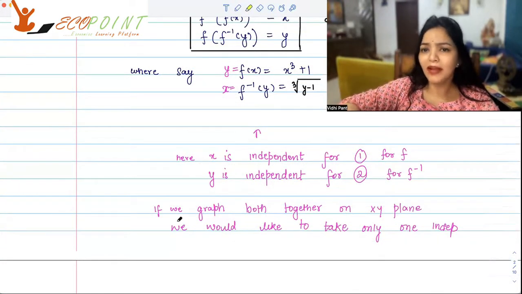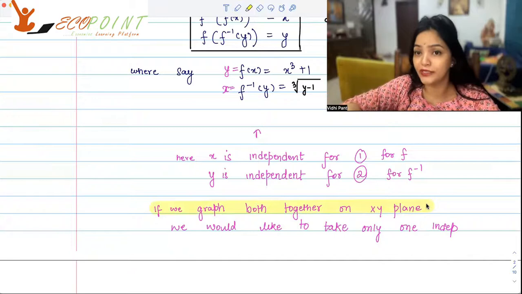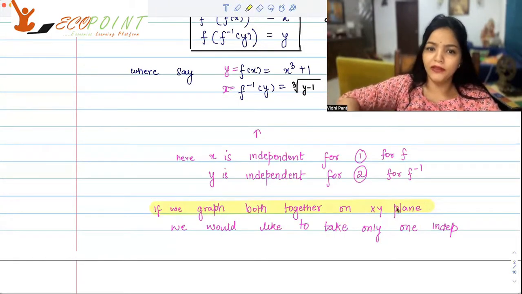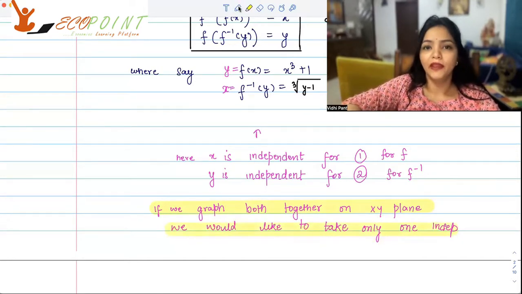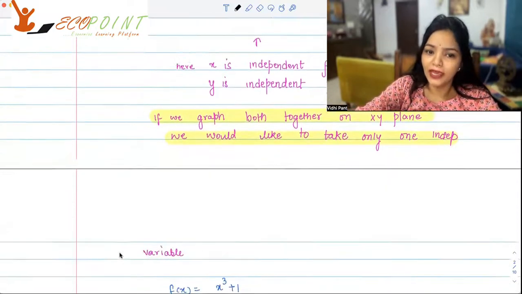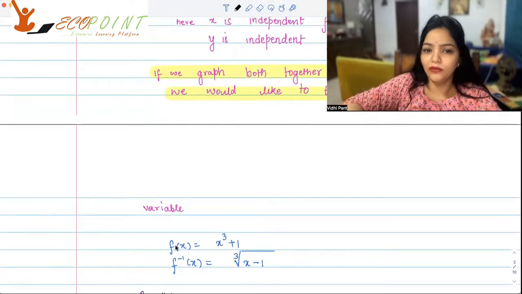In fact, why am I mentioning this here? I'm mentioning this here because when we would be graphing these two functions, we would want to graph them together on the xy plane to see what's happening. So we would like to take just one independent variable and one dependent variable, meaning f and f inverse are just functional forms. So you can clearly write down f(x) as x cube plus 1.